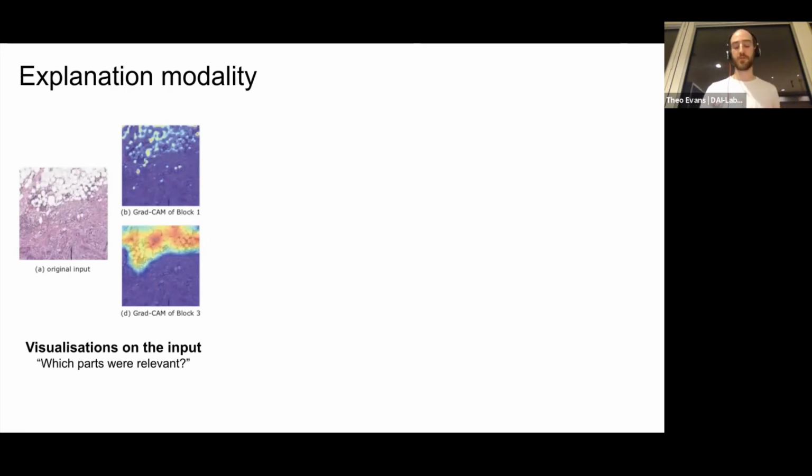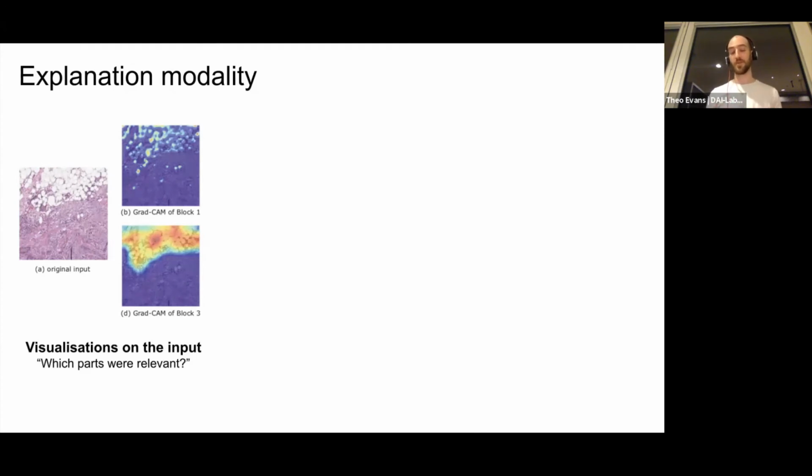The approaches of post-hoc explainability that highlight which areas of the image were relevant for a classification lend themselves very well to these kind of heat maps. And this is by far the most common modality for explainability, as people talk about it, certainly within this domain of image analysis in healthcare.